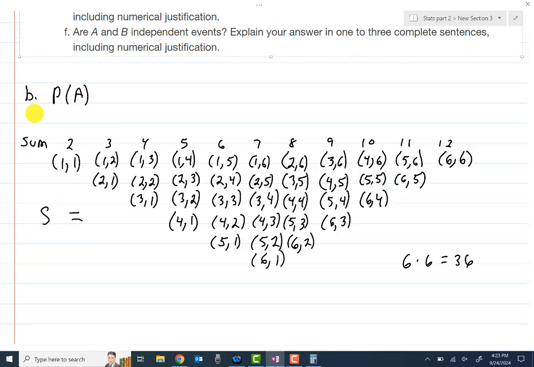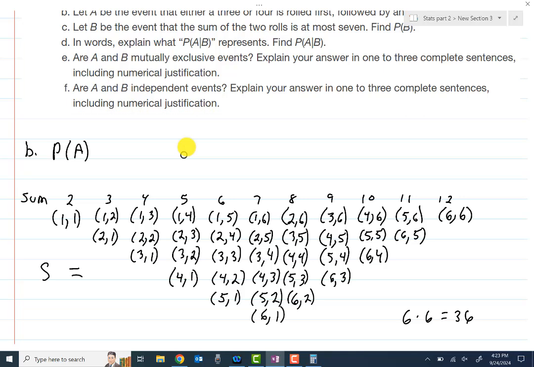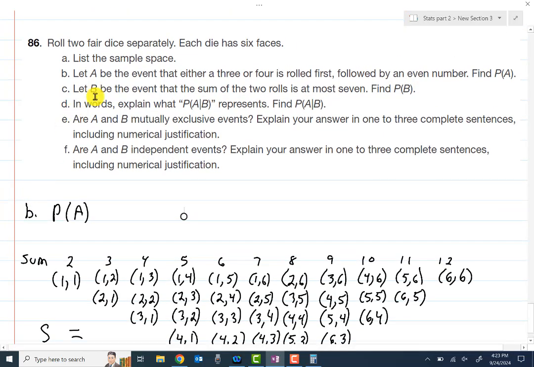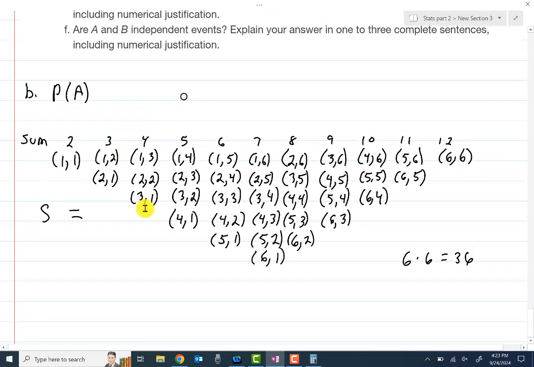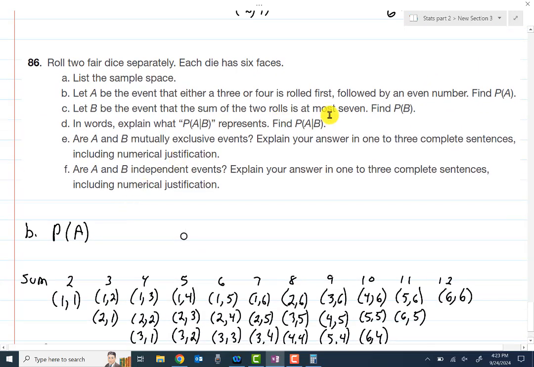The probability of A. All right, A was either a 3 or 4 is rolled first. So we'll go through this and take a look that either a 3 or 4 is rolled first. And then what else did they want? Followed by an even number.